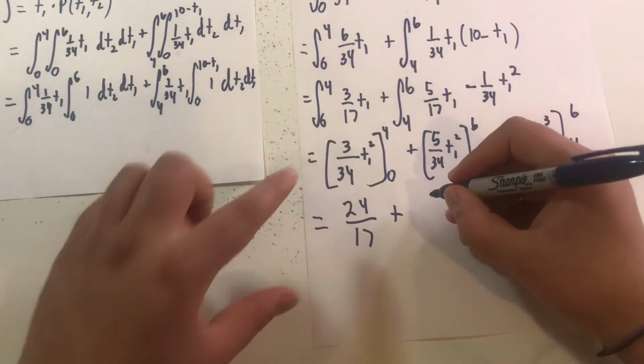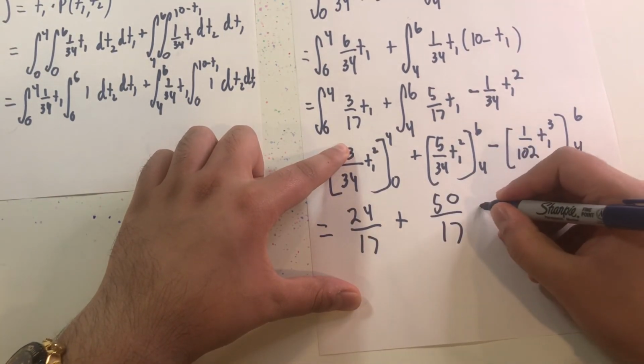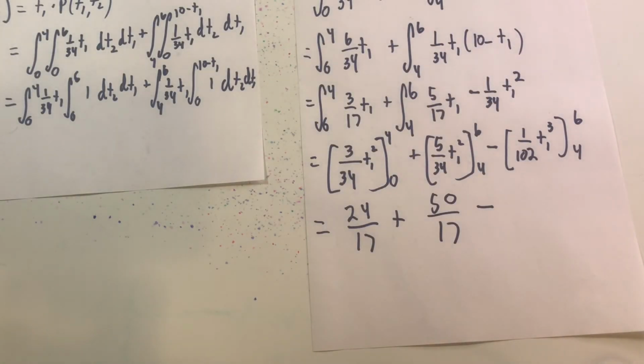And I get 50/17 minus here 1 divided by 102.